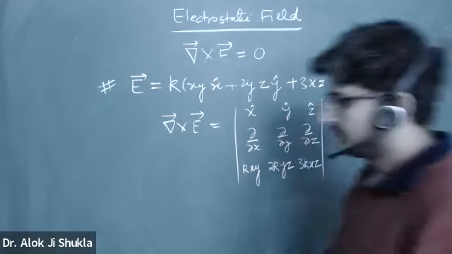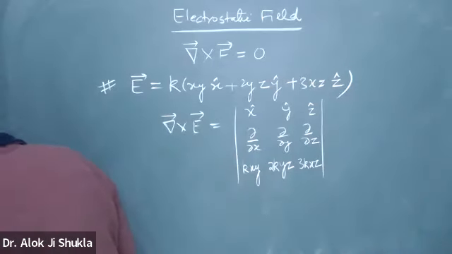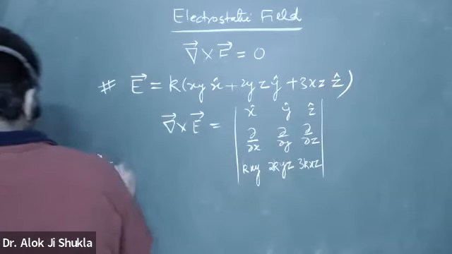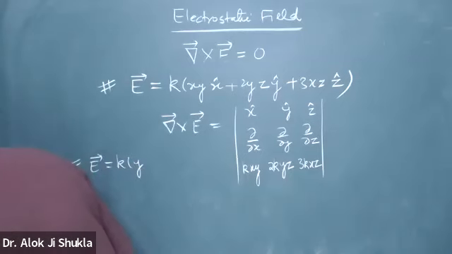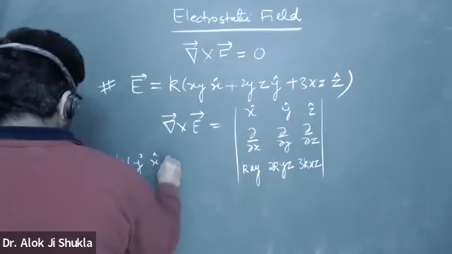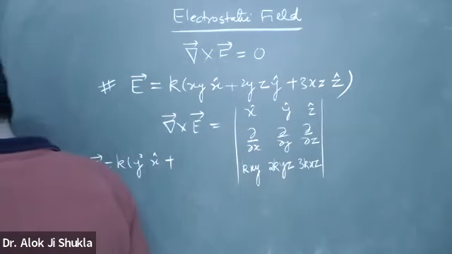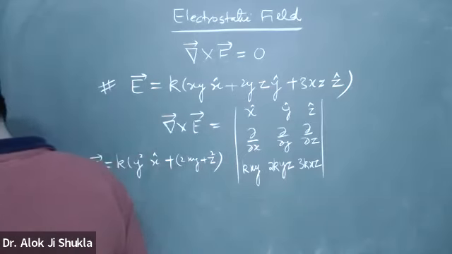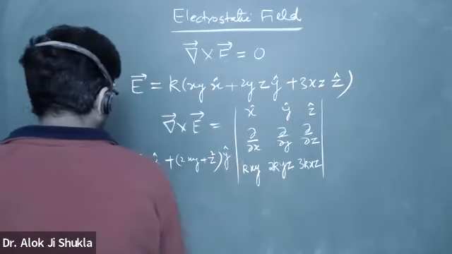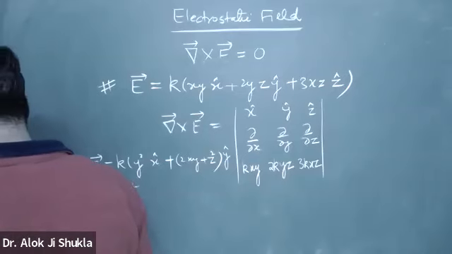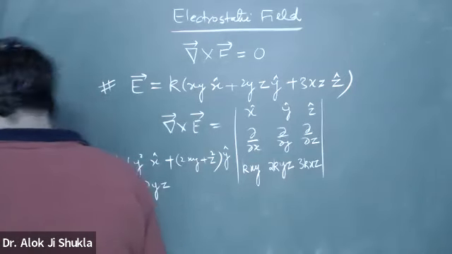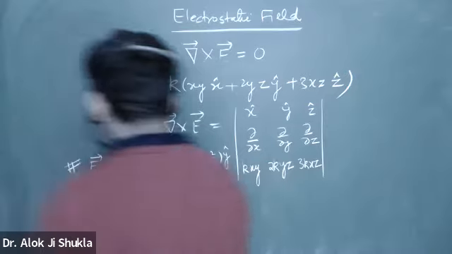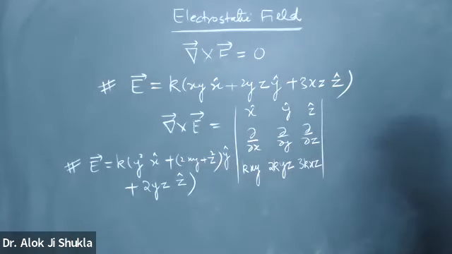And I am giving another one also. E is equal to K times y square x cap plus 2xy plus z square y cap plus 2yz z cap. ये भी check करो.